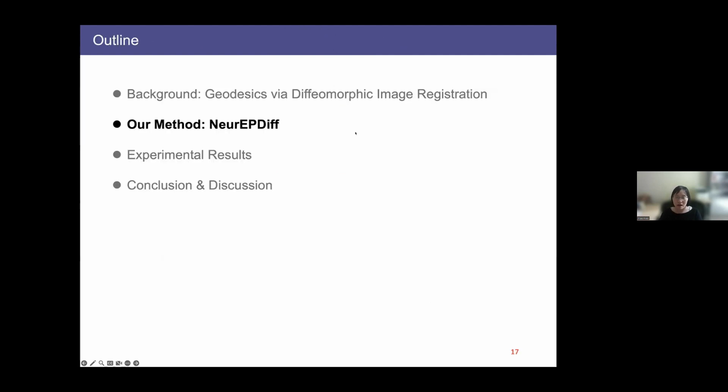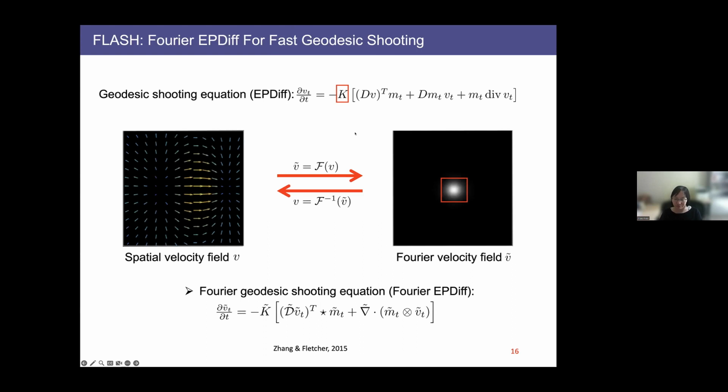That means the high frequencies don't have any values at all. So we project this entire geodesic shooting equation into this band limited space with a finite set of low frequencies, which significantly reduces the dimension of computing geodesics. And we're going to use this in our neural network as well.